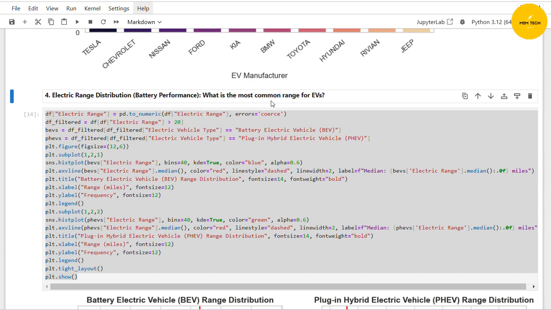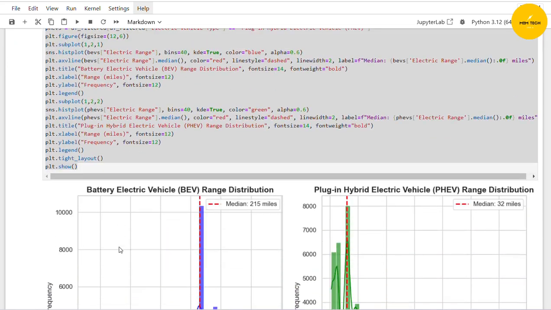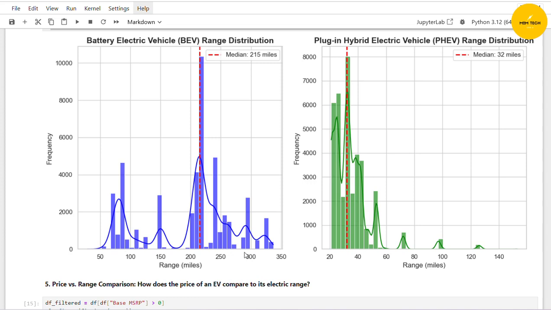Number 4, we try to find the common ranges for electric vehicles. This part of the code focuses on analyzing the electric range distribution of battery electric vehicles and plug-in hybrid electric vehicles. The goal is to understand the most common ranges for each type of vehicle and compare their performance. Through this plot, we see that for battery electric vehicles, the median range is 215 miles, indicating that most BEVs are designed for longer driving distances.